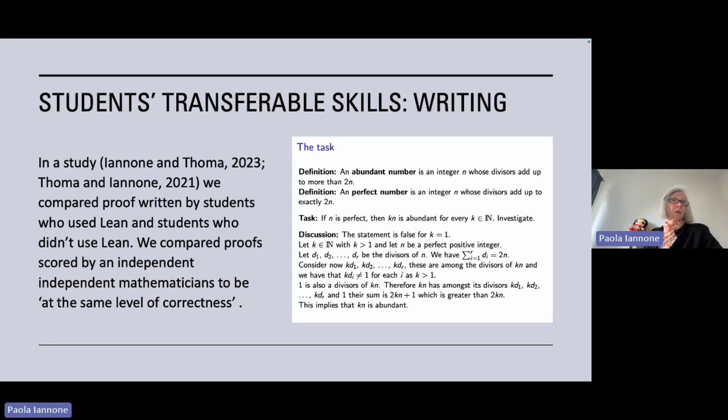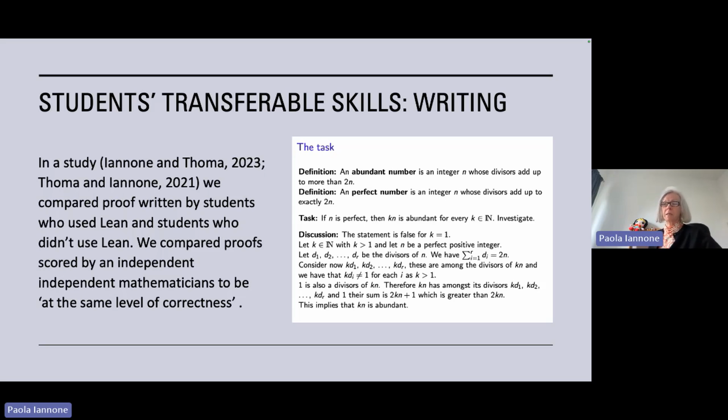The reason why we chose tasks like this in mathematics education is that we wanted the students to have a real new task, something that they wouldn't have seen in class. I don't think that the definition of abundant number is a really interesting definition in mathematics. It's probably really not, but it's something that the students can understand quite quickly and can relate to other things that they know, but it's something that they will not have seen. And in this way, the proof task becomes really a novel proof task.